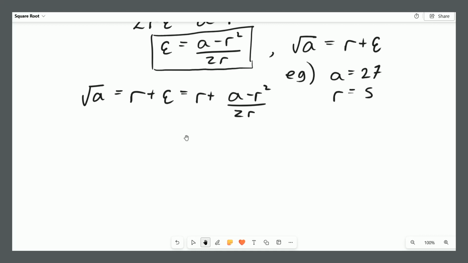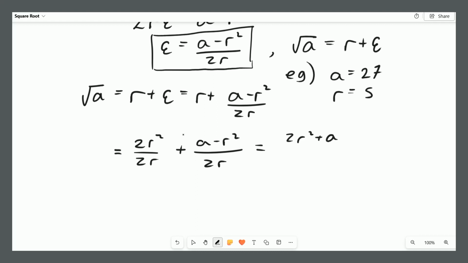And if we really want, we can create a common denominator here. Okay? So 2r² over 2r plus (a minus r²) over 2r equals (2r² plus a minus r²) over 2r. 2r² minus r² is just r².